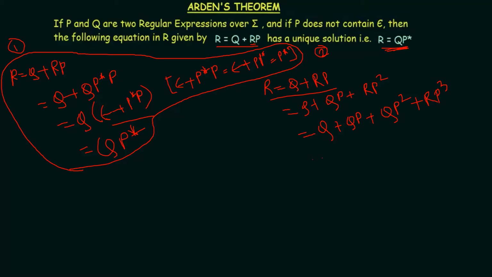Okay, so like this, if I continue up to n, I'm going to get q plus qp plus qp square plus qp cube, like this up to qp^n plus rp^(n+1), because you can see when there was n, it was n plus 1 over here.